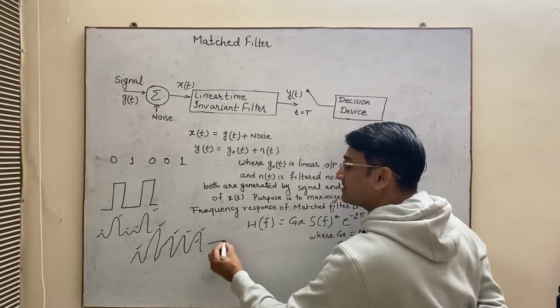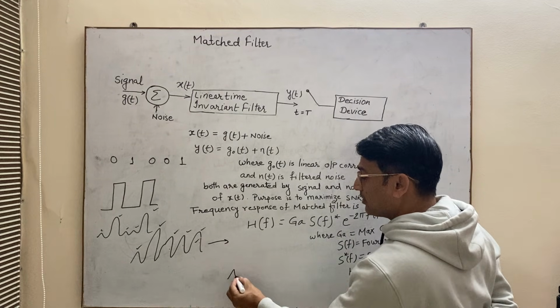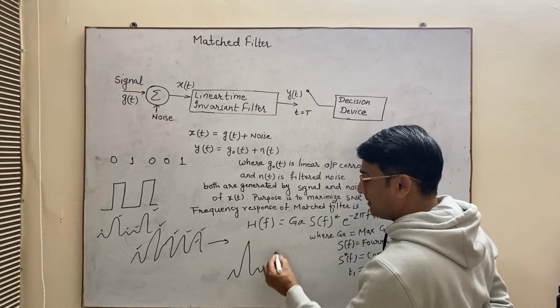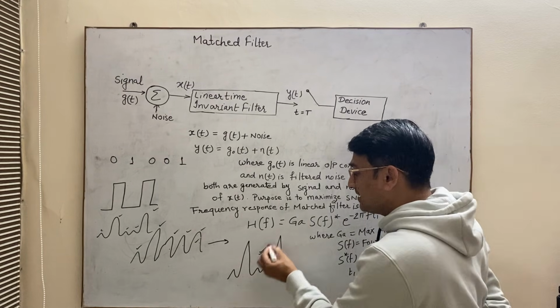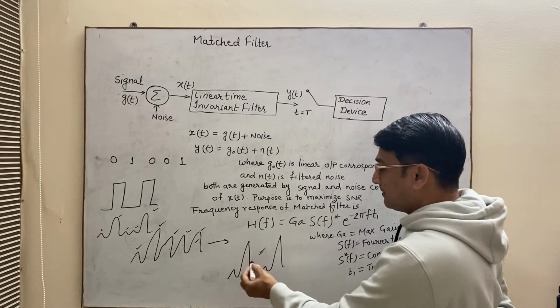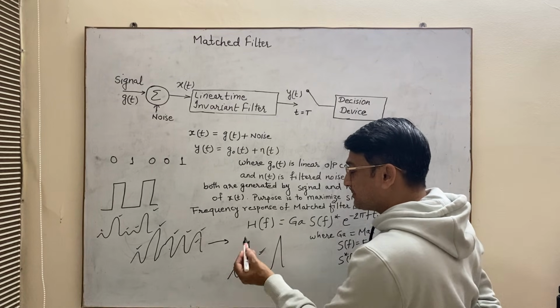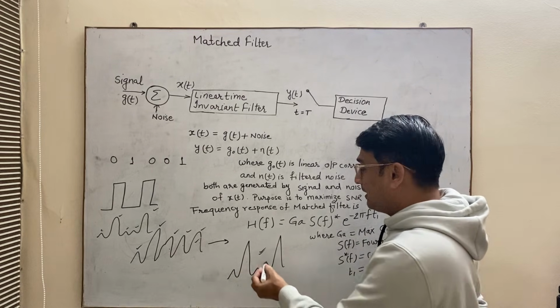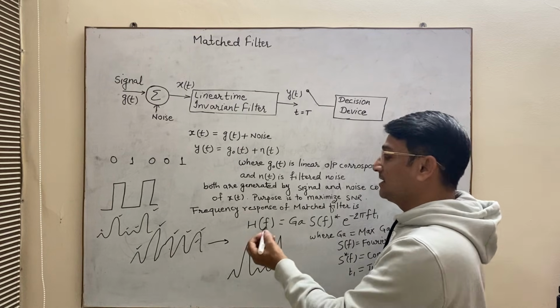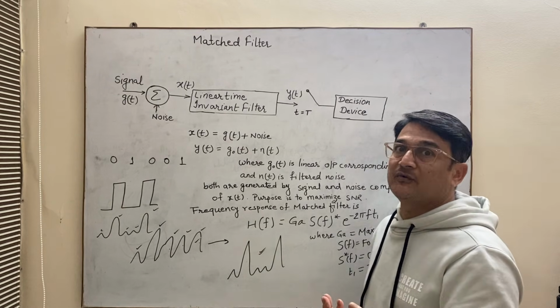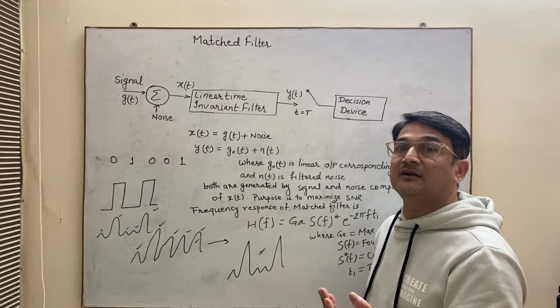So when it is passed through the matched filter, the output of this will be this. Here you can easily make out that this is bit 0 and this is bit 1. This way you can easily distinguish between bit 0 and bit 1. This is how matched filter works.